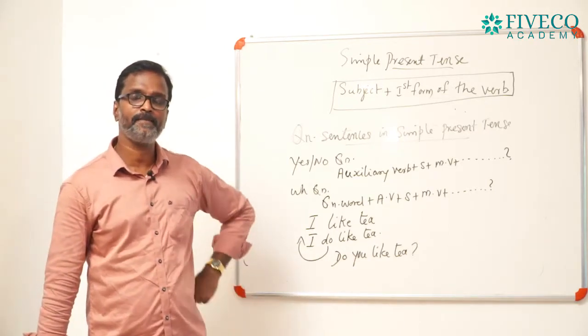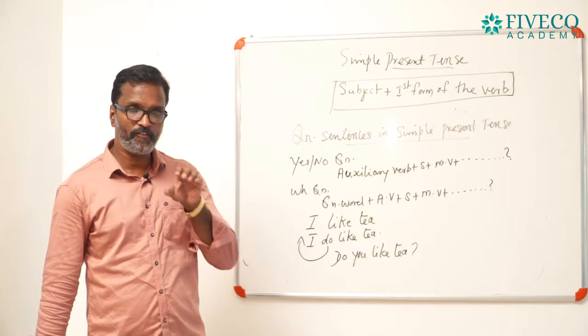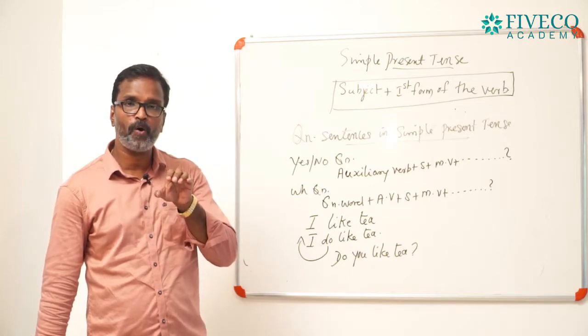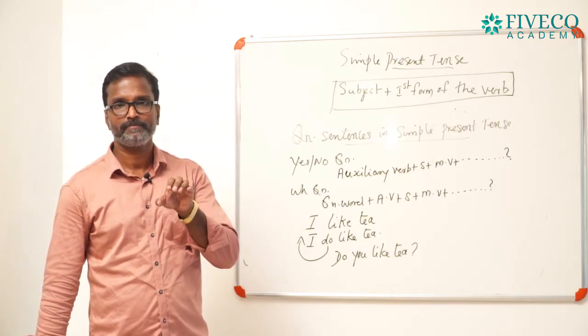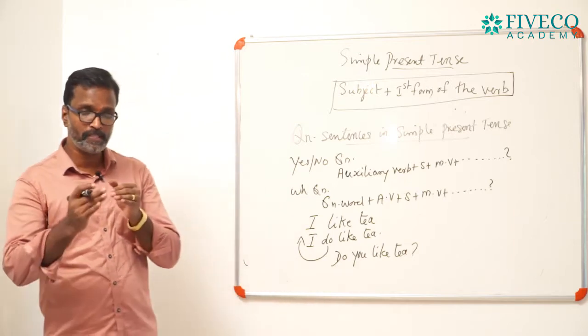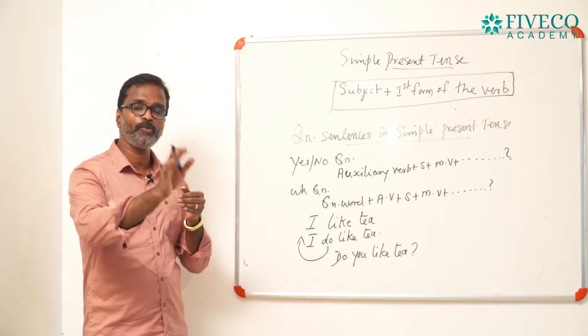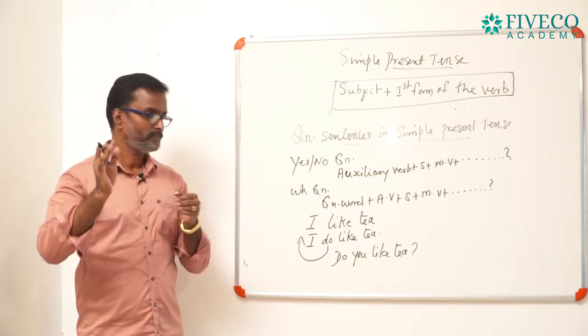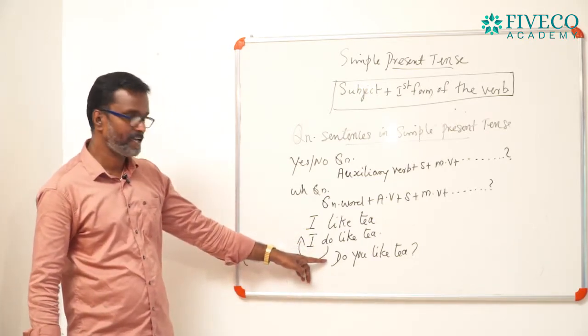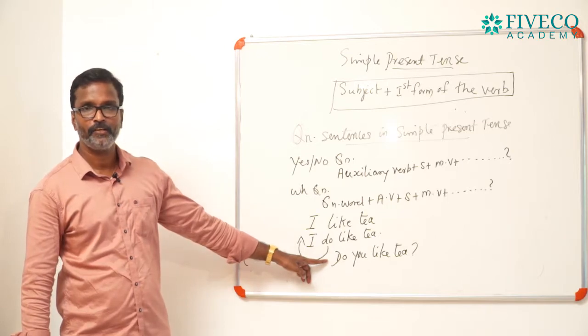You know, it is quite simple. First of all, we want to use the proper auxiliary verb. Then you use the auxiliary verb at the beginning of the sentence. Do you like tea? Yes, I like tea. No, I don't like tea.